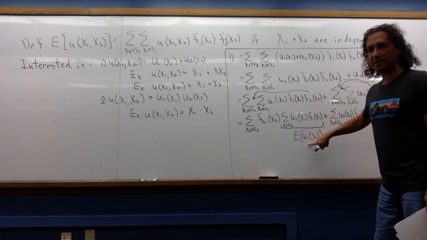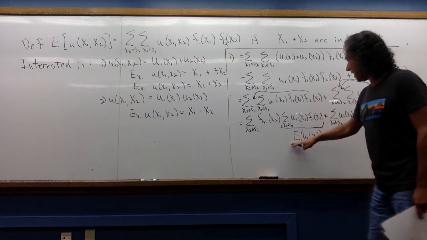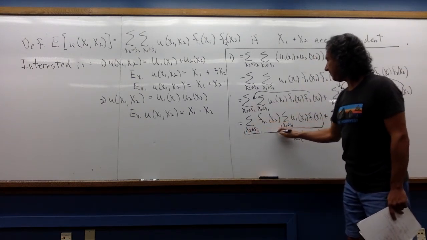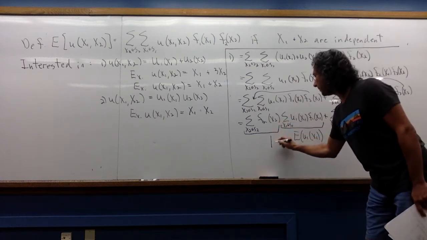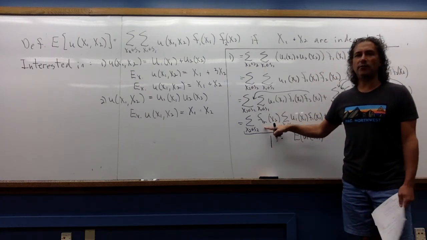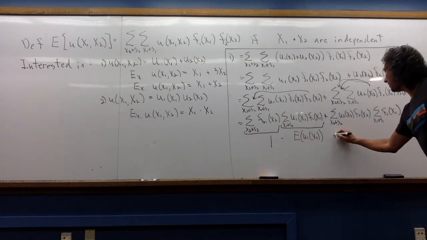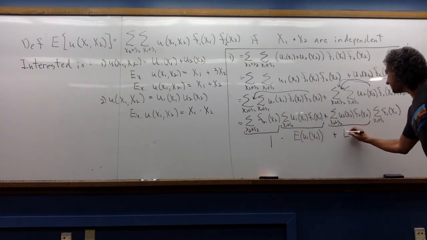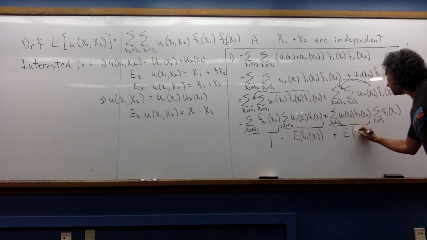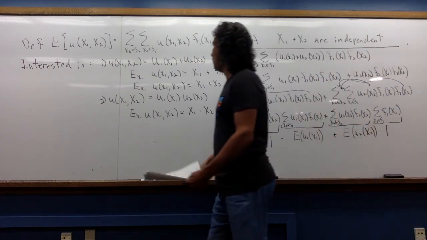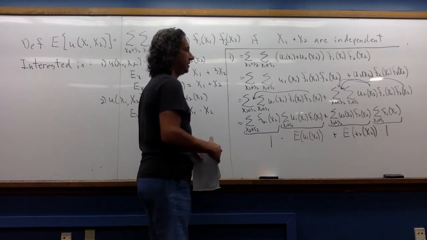I could then pull this guy out, and I'm just multiplying it by 1 because I'm summing over the sample space for the PMF. Same game here. This is the expected value of u2 of x2 times 1, because once again, I am summing over the sample space.